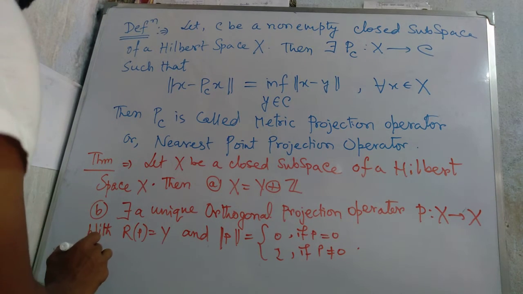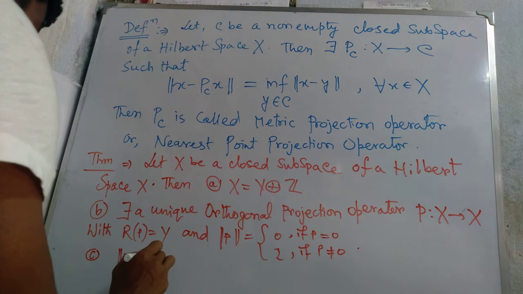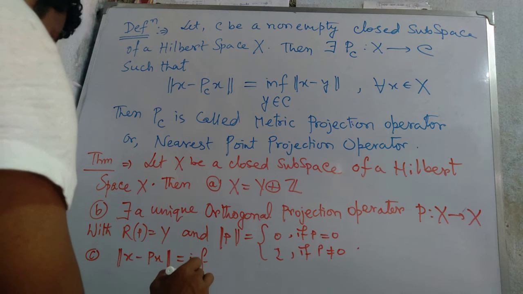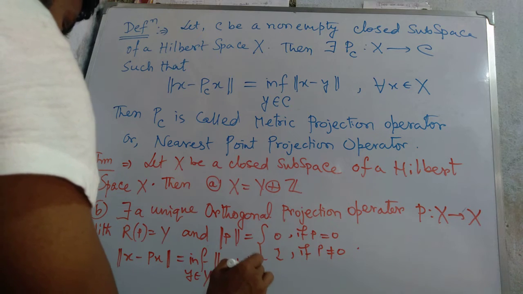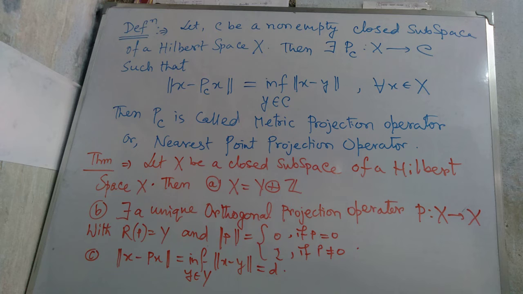And C: the norm of x minus Px equals the infimum over y belongs to Y of the norm of x minus y, equal to d.